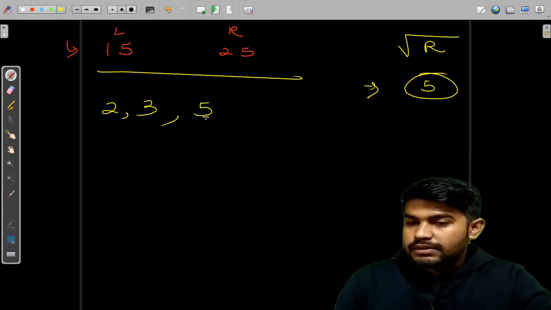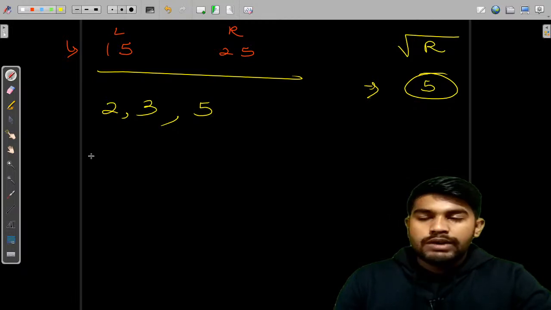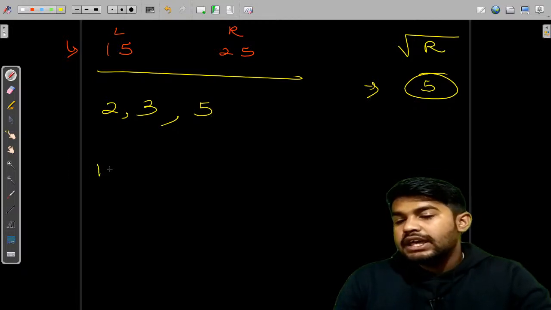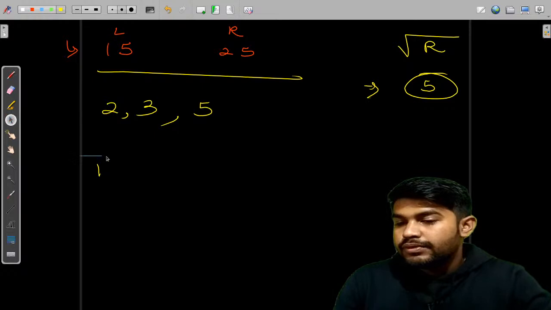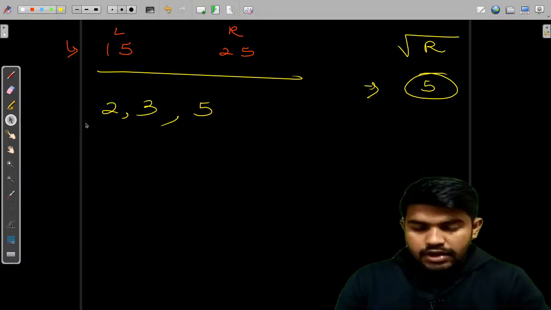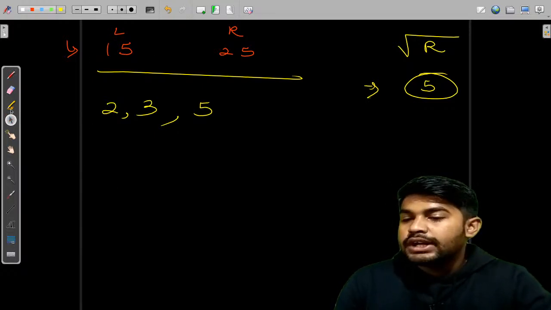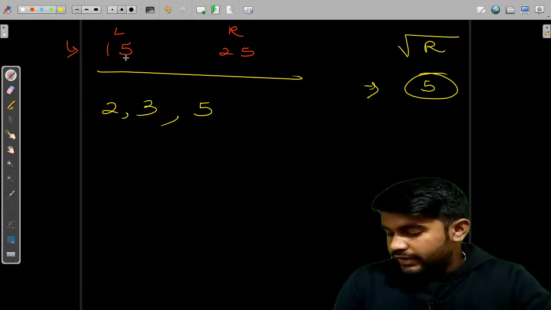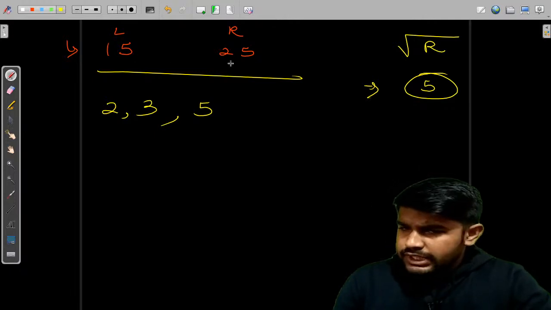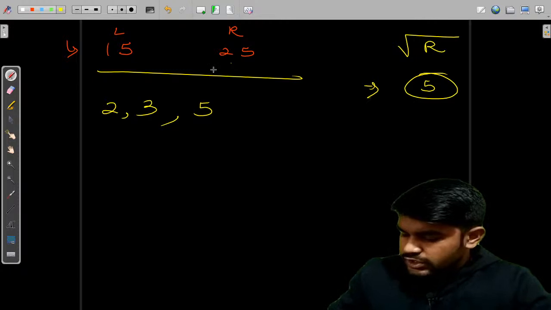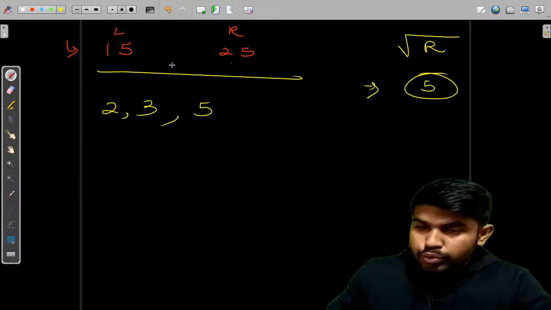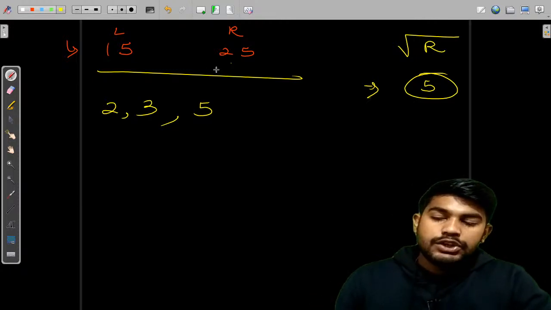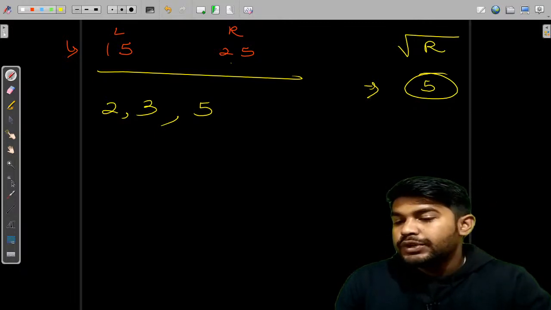Now what we would do is have an array of the difference of the numbers. So basically how long an array do we want? Between 15 and 25, we want the array to be of size 10. So we would have something like this.